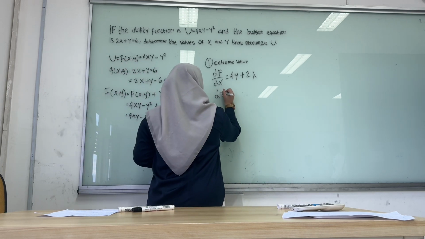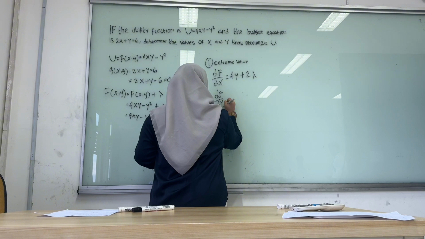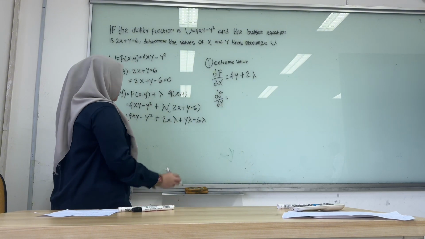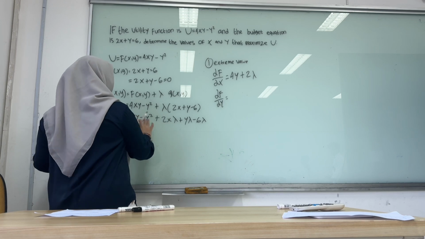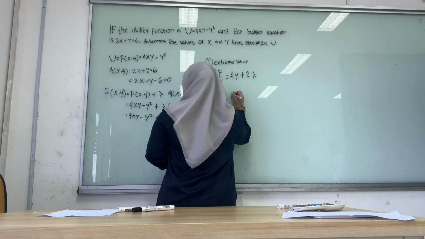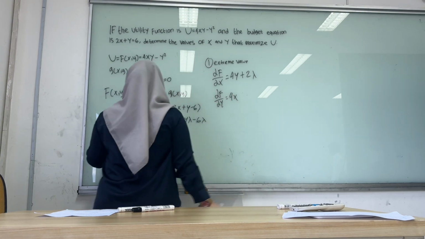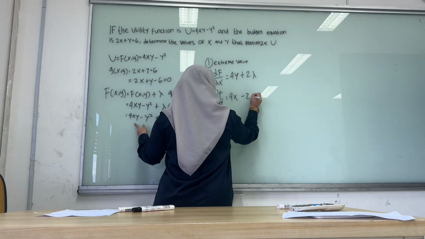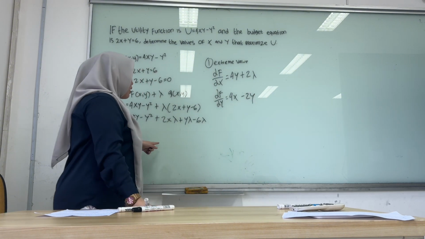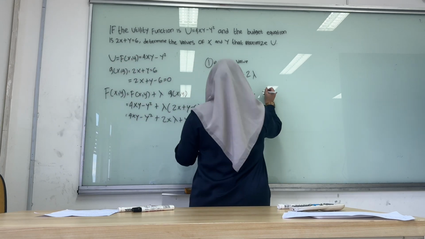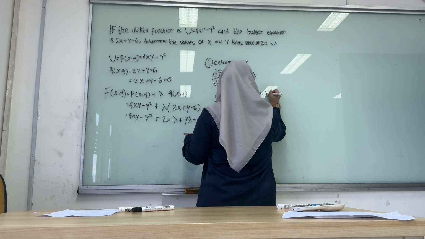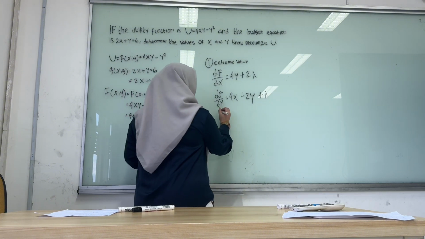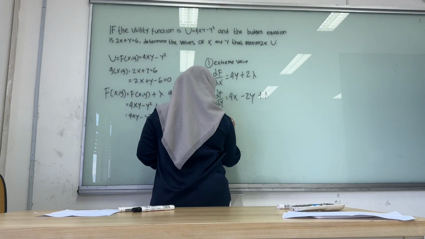And next dou f per dou y. So here for xy, because this is dou f dou y, we need to close y. So this is 4x, and then minus 2y, and then plus lambda. And then next dou f per dou lambda.